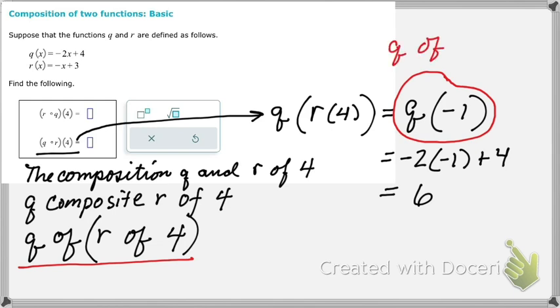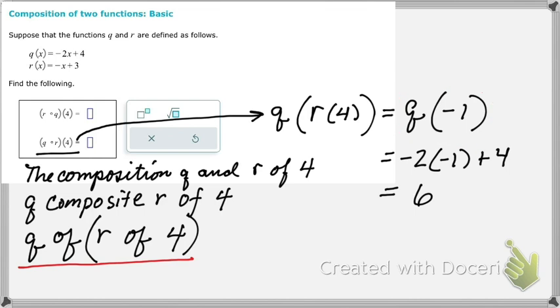That's function notation, which means that Q is some algebraic expression, in this case -2x plus 4, and -1 is the value that I want to plug in for x. Hopefully we're heading that off, because I do see students sometimes think of it as multiplication.